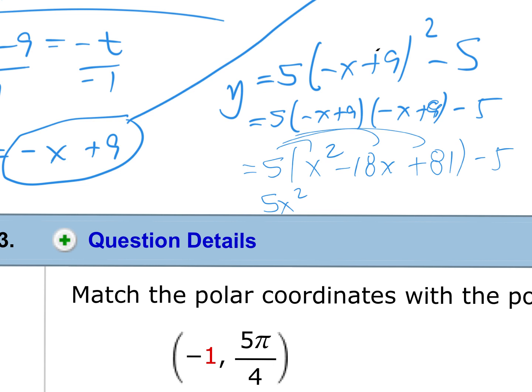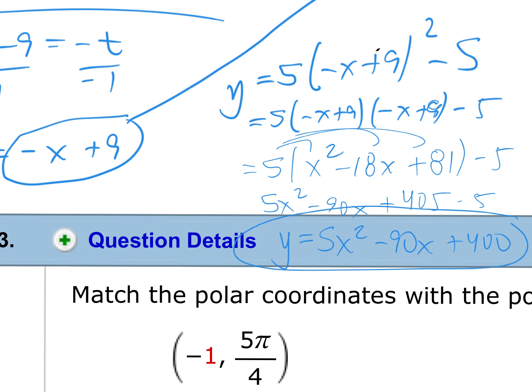Come on, guys. 18 times 5. Okay, so minus 90x plus, what's 81 times 5? 405. And then what happens here? Minus 5. So this would be y equals 5x squared minus 90x plus 400.